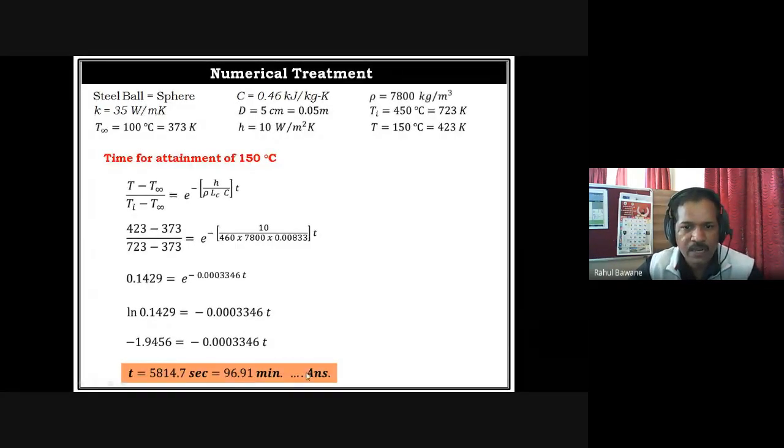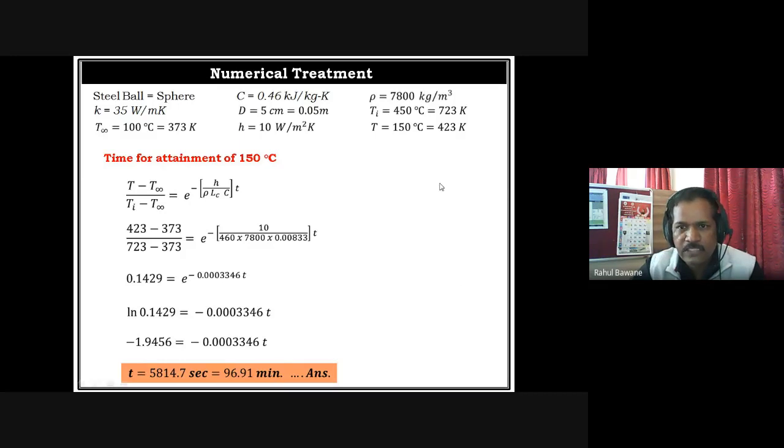So this is our answer. That means the object which is initially at 450 degrees centigrade, after dipping into a quenching bath, reaches 150 degrees centigrade, and to attain this 150 degrees centigrade it requires 96.91 minutes.